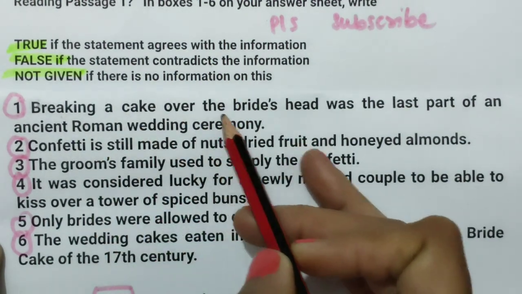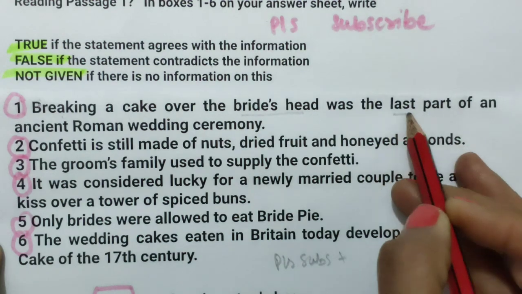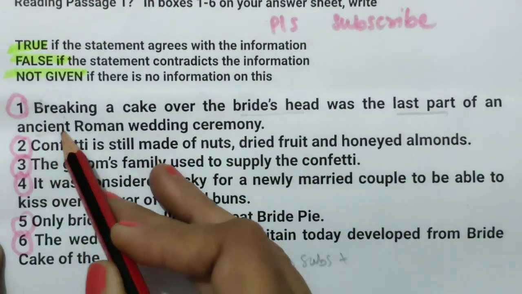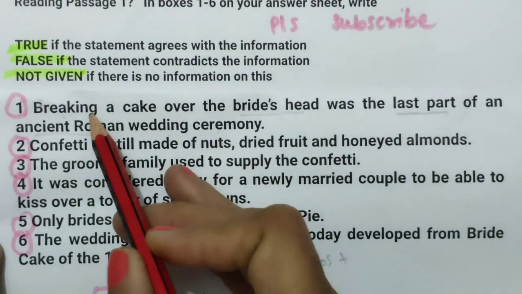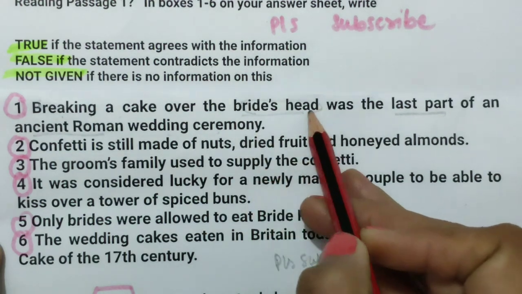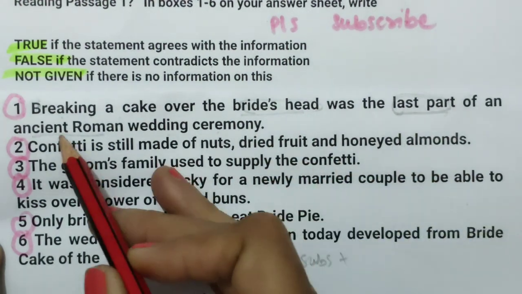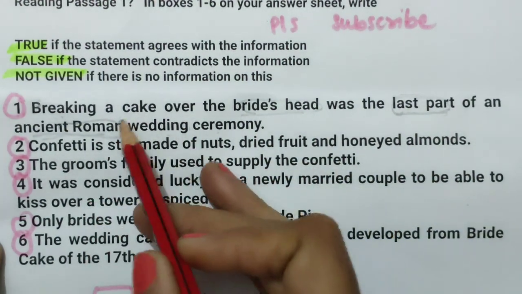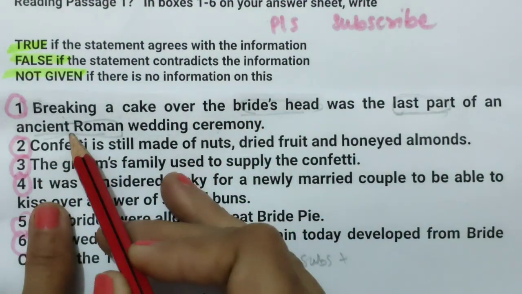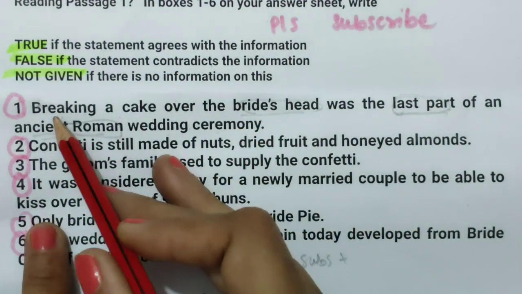Breaking a cake over the bride's head was the last part of an ancient Roman wedding ceremony. Okay, breaking a cake over the bride's head and the last part, ancient Roman wedding ceremony. So we will find ancient Roman first and breaking a cake.